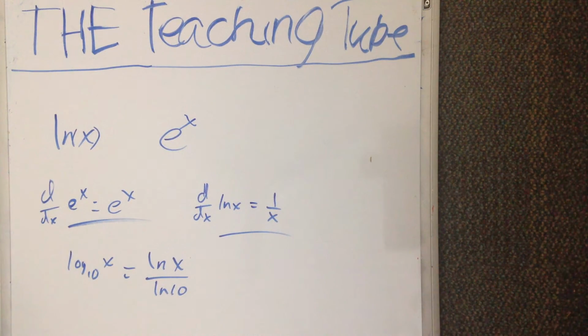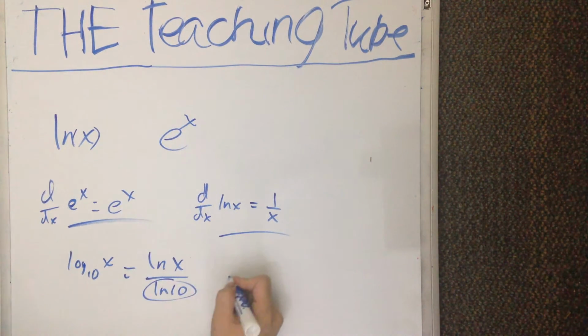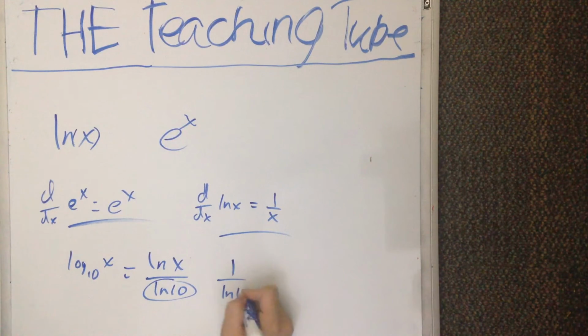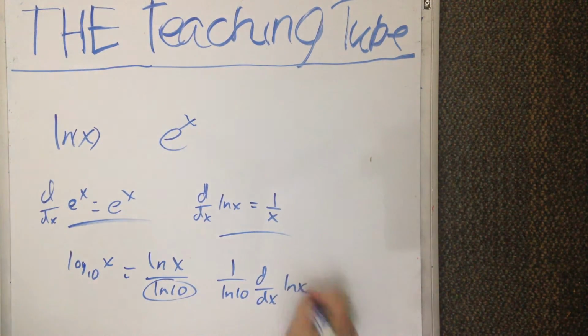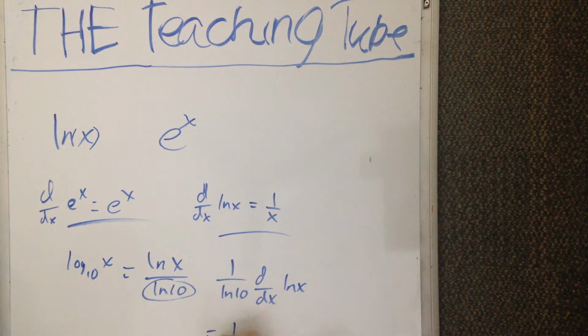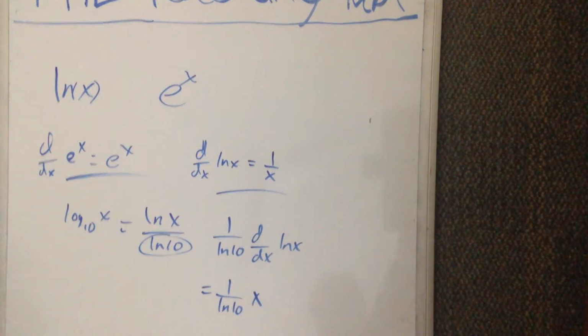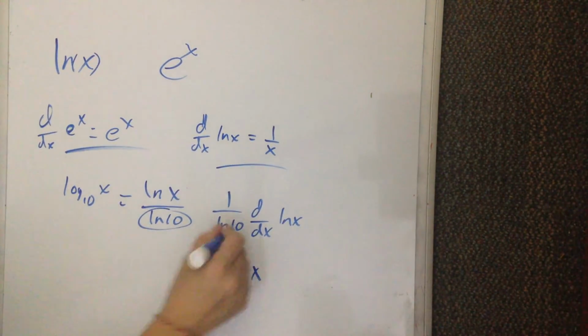If we take the derivative of this, we know that this thing pulls out as a scalar, so it's just 1 over natural log of 10 times the derivative of natural log of x. This equals 1 over natural log of 10 times x.